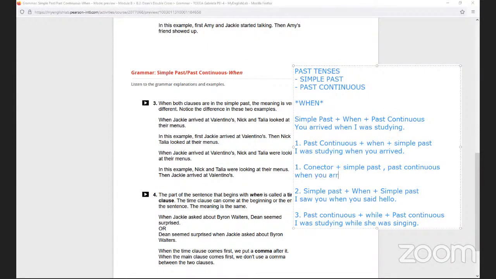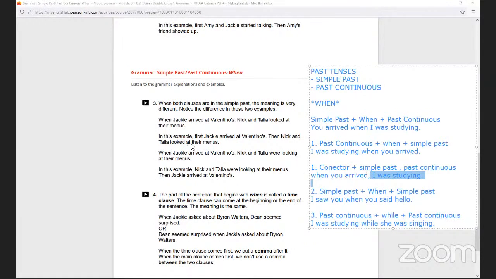When you arrived, what was happening? I was studying. So this is the best way for grammar. When we start with the connector, always first the simple past and after the continuous.